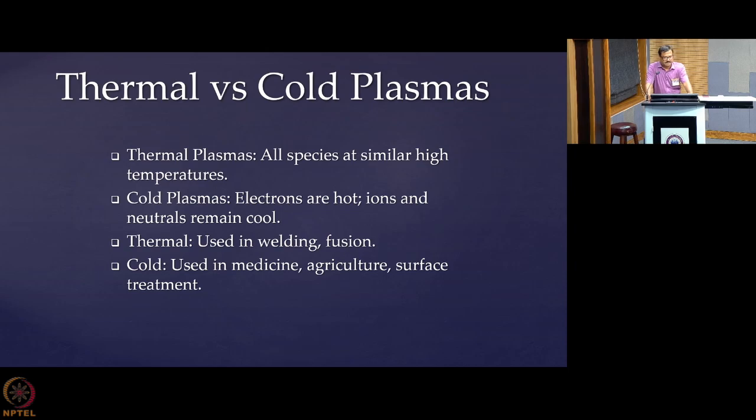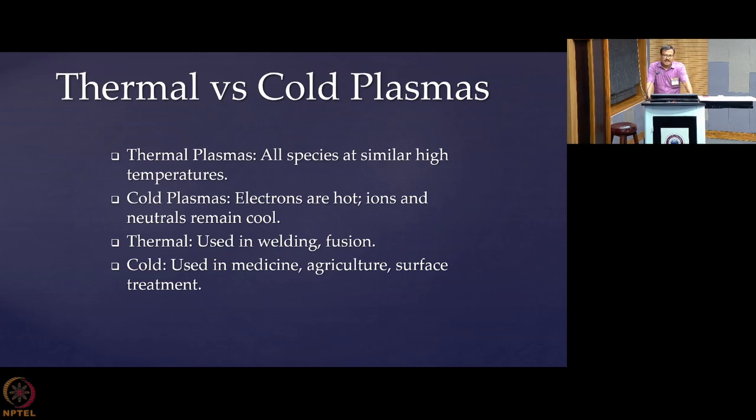And when you are talking about cold plasmas, there the electrons are hot. That may be 2 eV, 3 eV kind of thing. So that is 20,000, 30,000 degree Kelvin. But ions and neutrals are cold. They are so cold that you can touch them by hand. So it is maybe well below 45 degrees centigrade. So that is the interesting part.